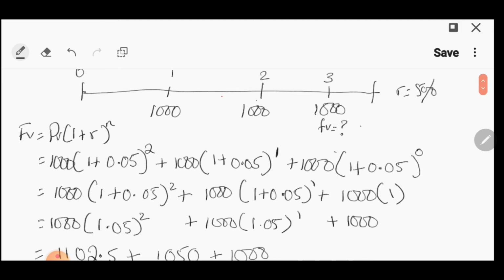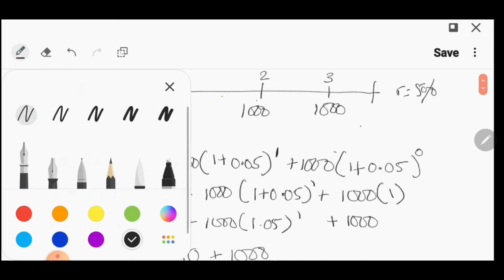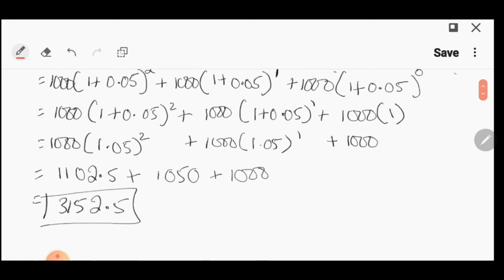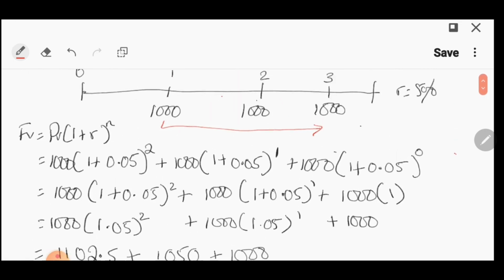Now what's happening is that you deposited this 1000 1 year later, so at the end of the first year, it will get interest for only 2 years, and 2 years later, its value will become 1102.5.